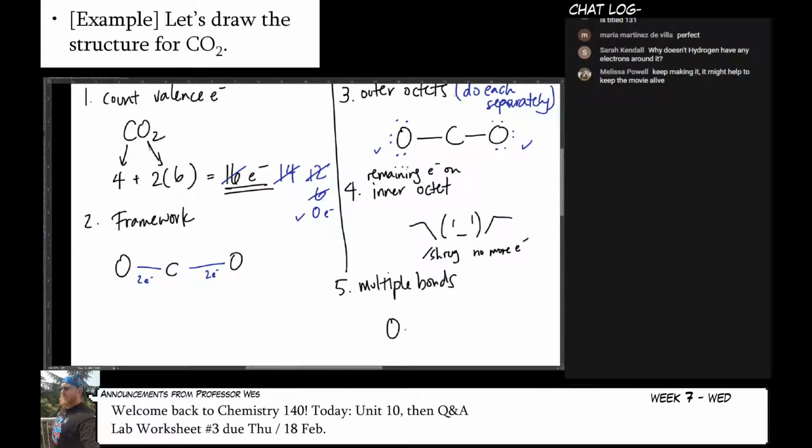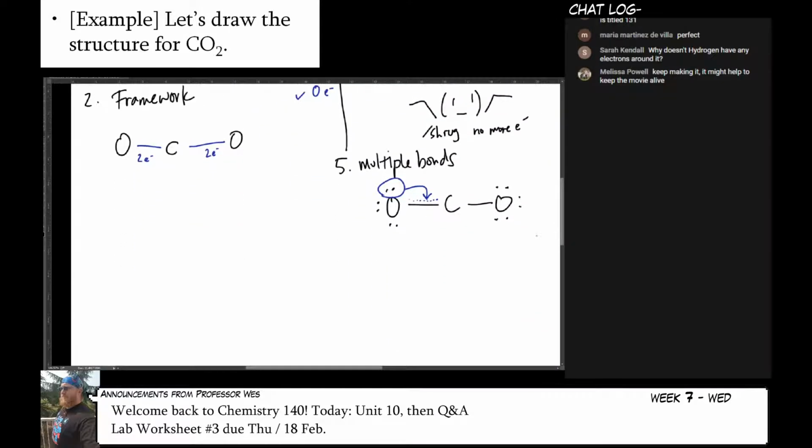So the last thing that we can do is make multiple bonds. So I'm going to copy our structure from before. I need to make multiple bonds by donating pairs of electrons toward the central atom. So what I'm going to do is take this pair of electrons here and put it in here to make a double bond.